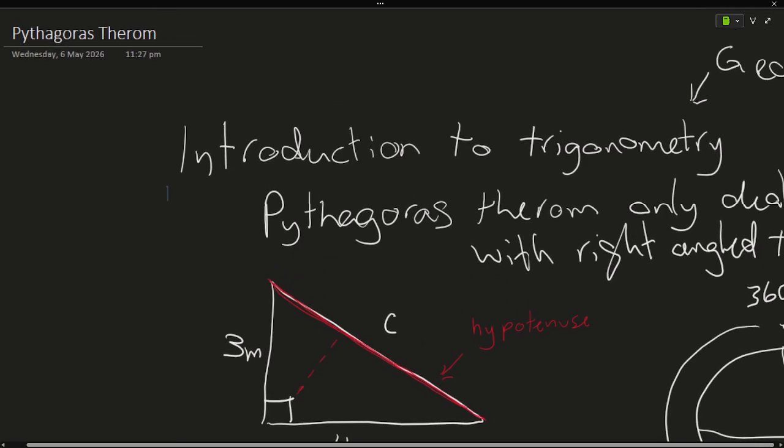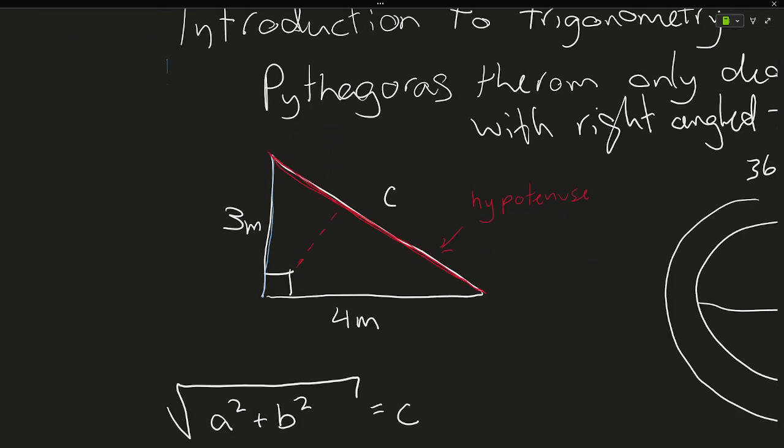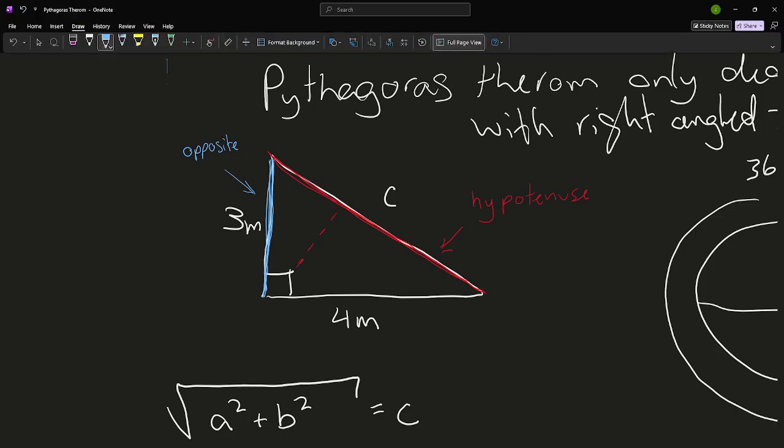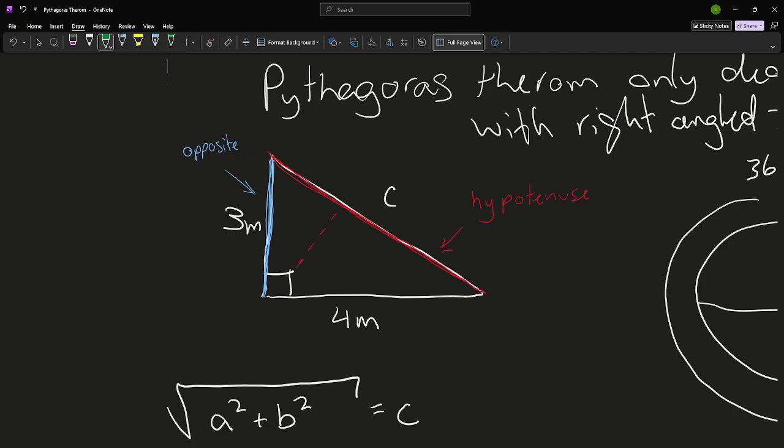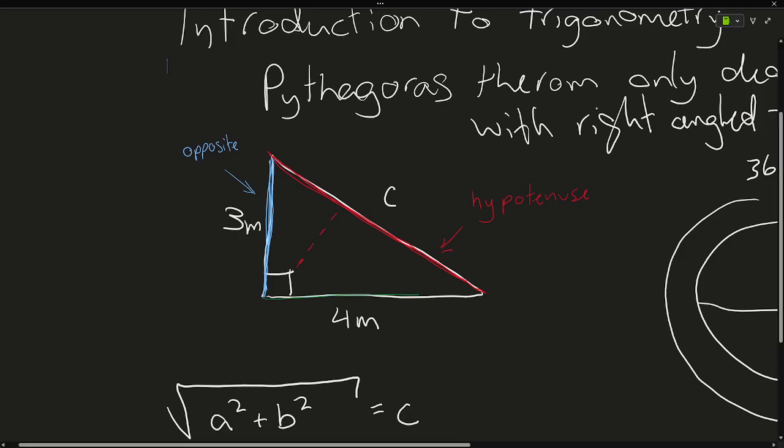This line right here, that is what we call the opposite. And again, I'll get into this once we do a full introduction to trigonometry. And this side here, the green side, is what you call the adjacent.